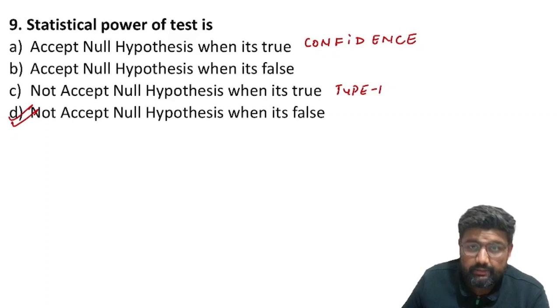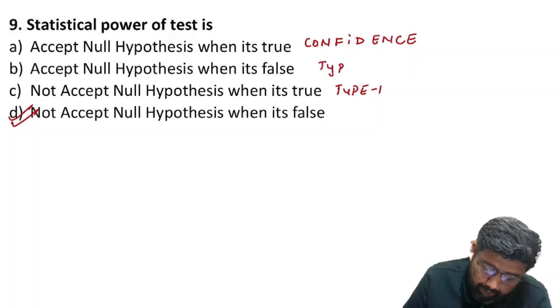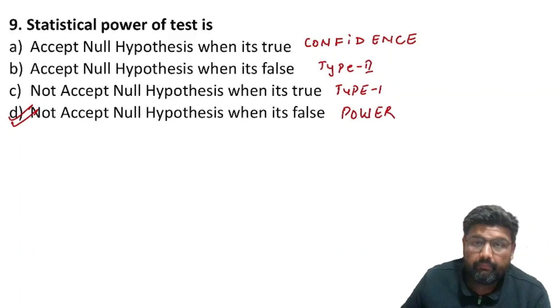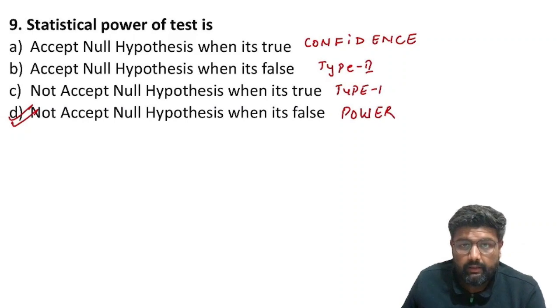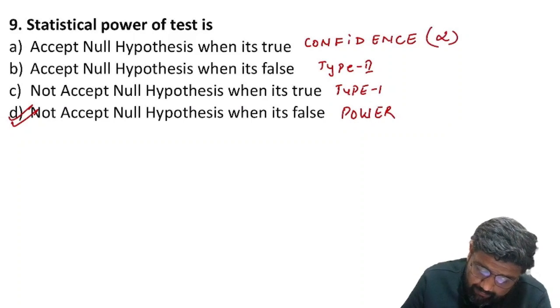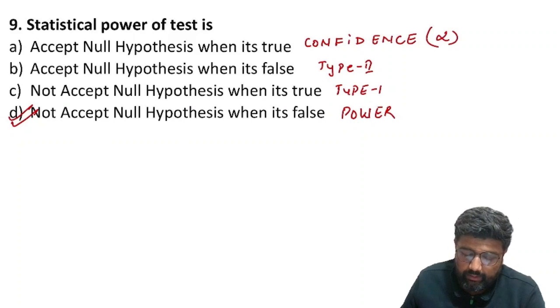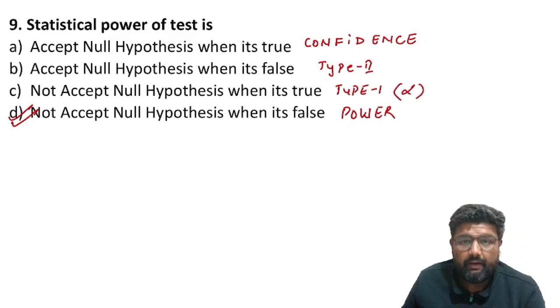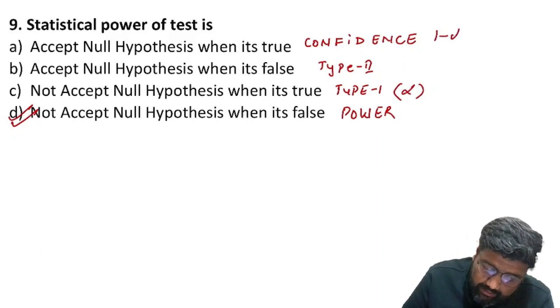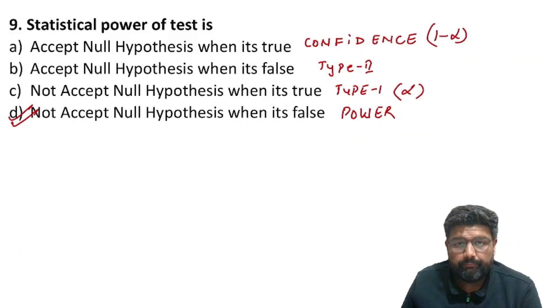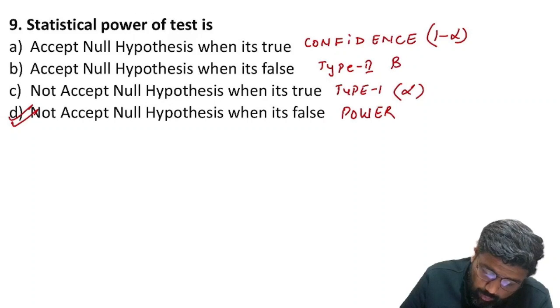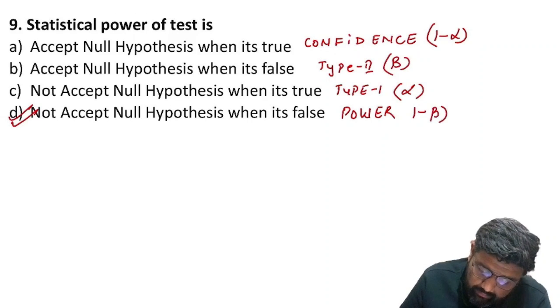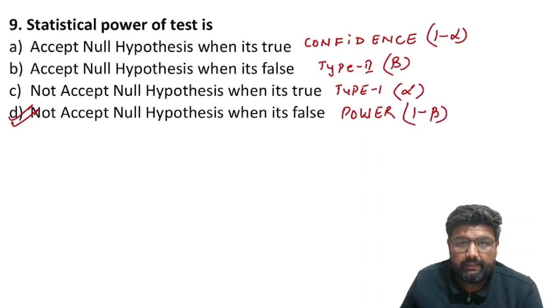Accepting null hypothesis when it is false is type 2 error. In other words, type 1 error is alpha, and confidence is 1 minus alpha. Type 2 error is beta, and power is 1 minus beta.